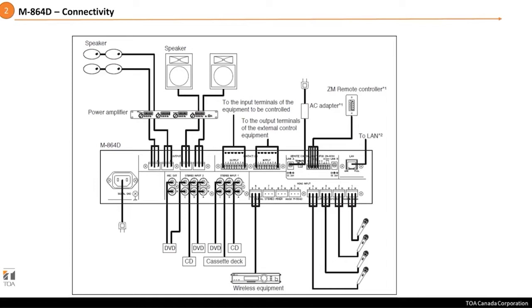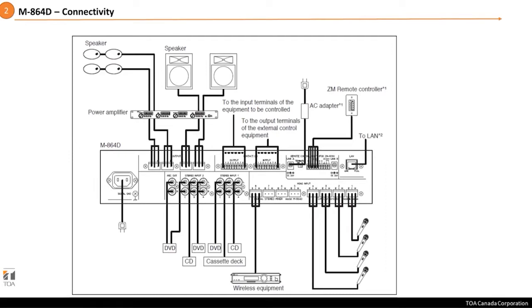We do have Phoenix connectors for our microphone level inputs, as well as Phoenix connector for the output, and for the control IOs available to us. You'll see also that we have the Phoenix connector for the ZM remote controllers.